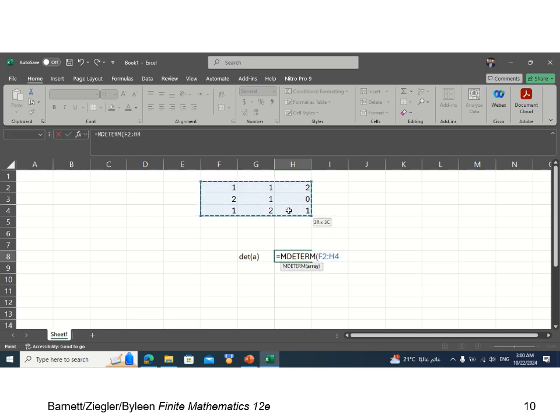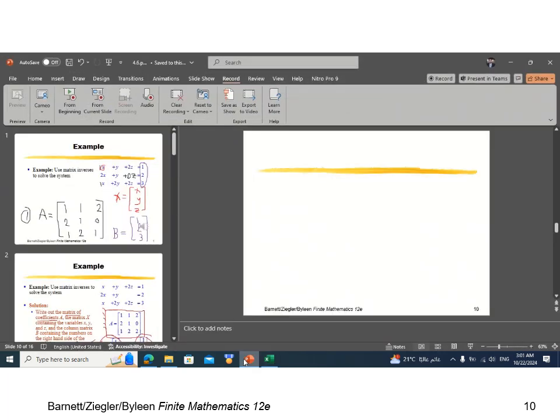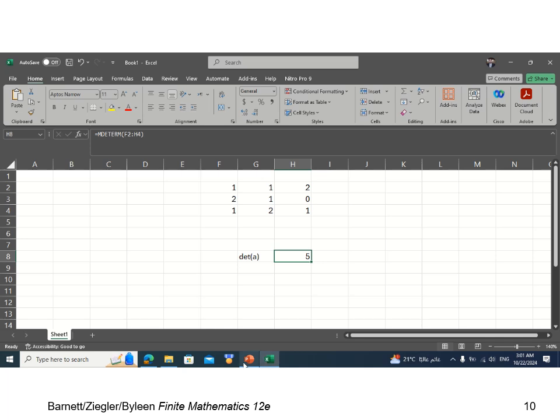We will select our matrix, then press enter. Let's make sure the matrix is written correctly: 1, 1, 2, 2, 1, 0, 1, 2, 1.